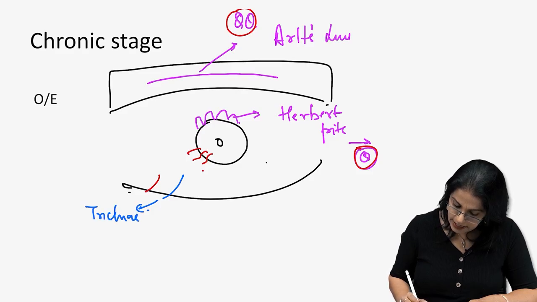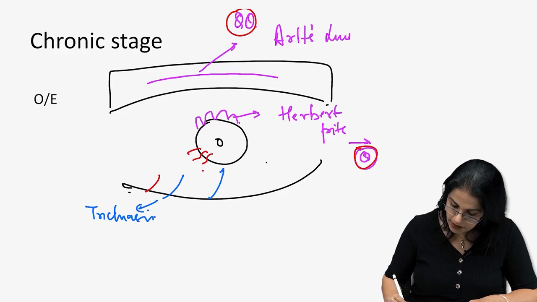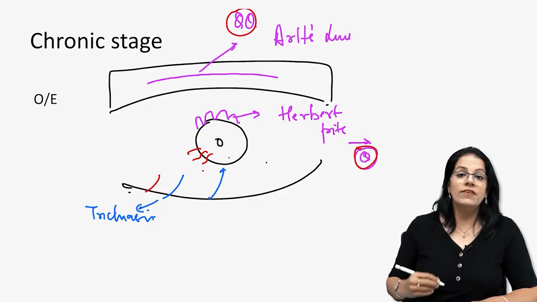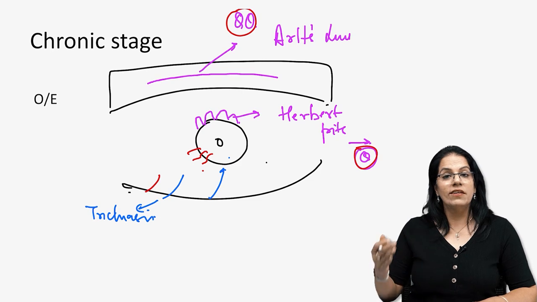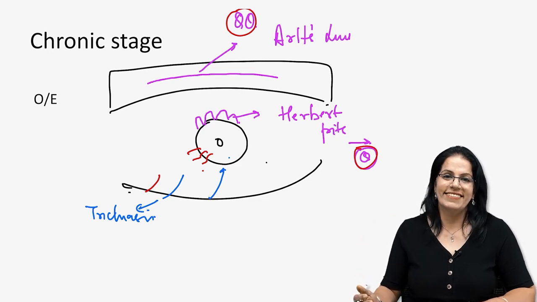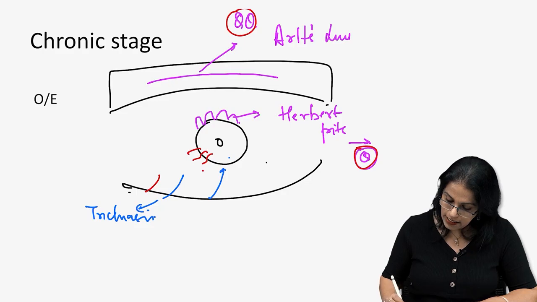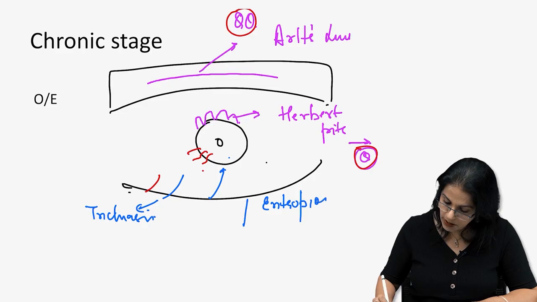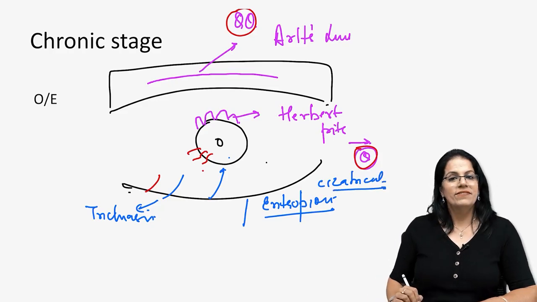And if there is misdirection, common sense, it can rub on the cornea, and when it rubs on the cornea, it will lead to corneal ulcer and corneal opacity. Another thing that can happen apart from trichiasis is inward rotation of the lid margin. Inward turning of the lid margin is called entropion. So here what you are getting is cicatricial entropion.